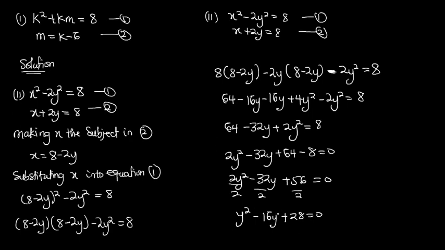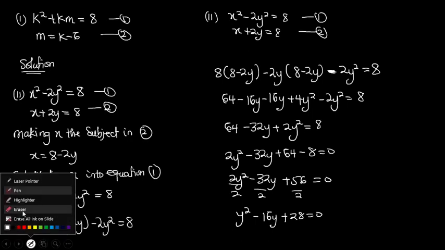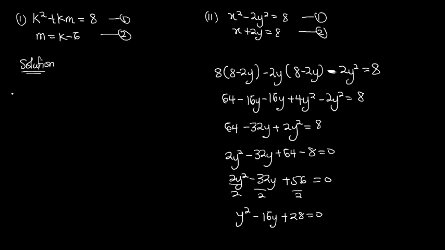So let's go ahead and factorize this equation. Let me erase this here. Okay, so we have our equation y squared minus 16y plus 28 is equal to 0. I use the coefficient of the y squared term to multiply 28. So 1 multiplied by 28 is 28. Now which two numbers will I multiply to get positive 28, but if I add them, I'm going to get negative 16?